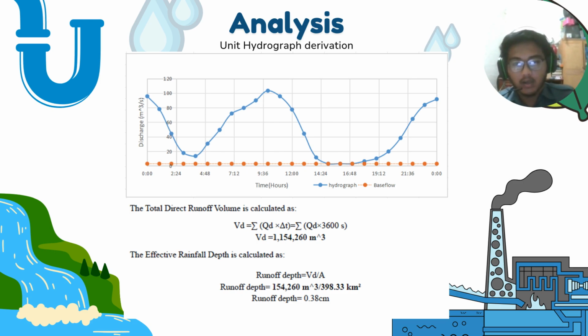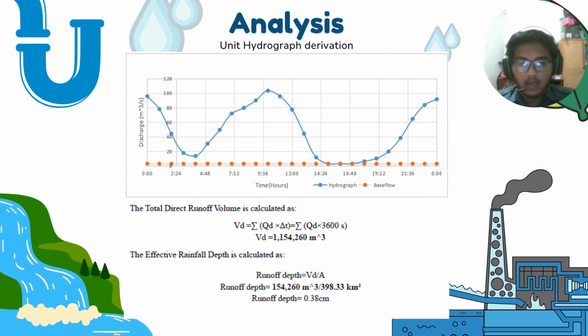The total direct runoff volume is calculated as VD equals total QD multiplied by the change of time, equals total QD multiplied by 3600 seconds, and then we get VD equals 154,260 meter cube.